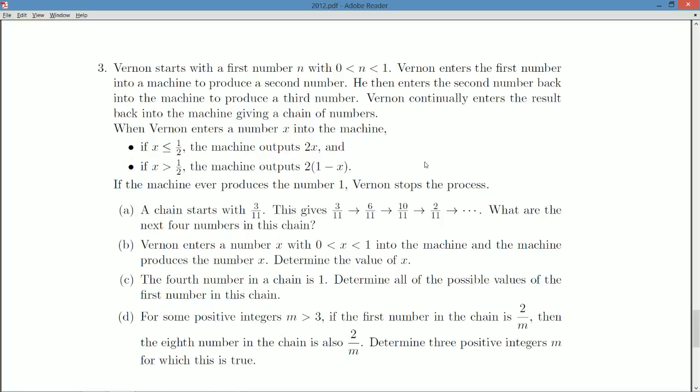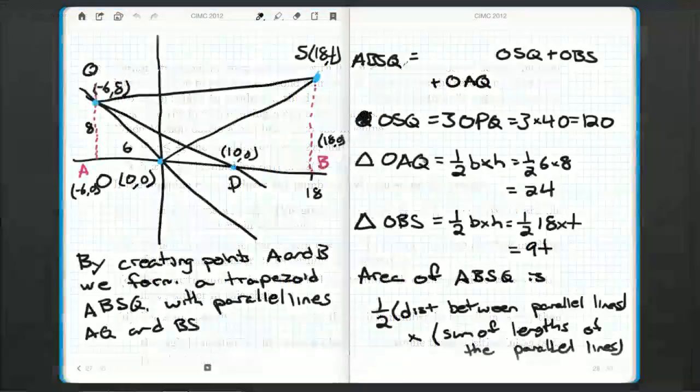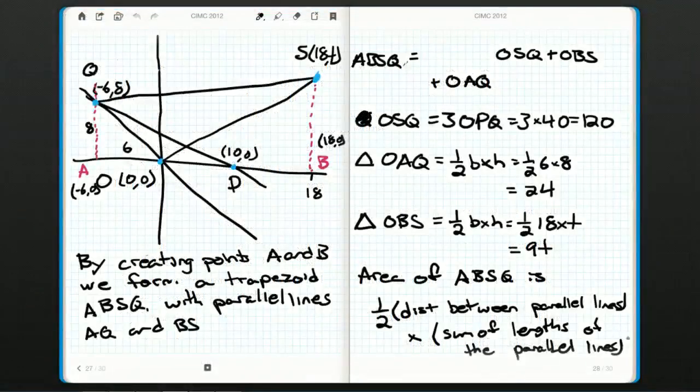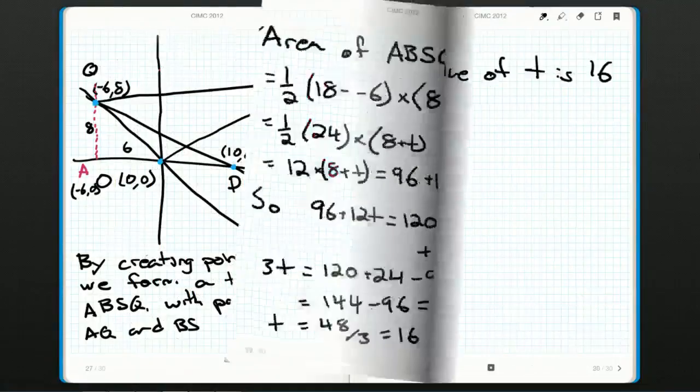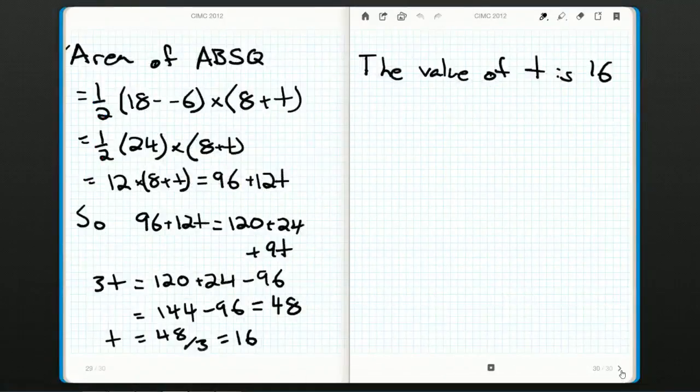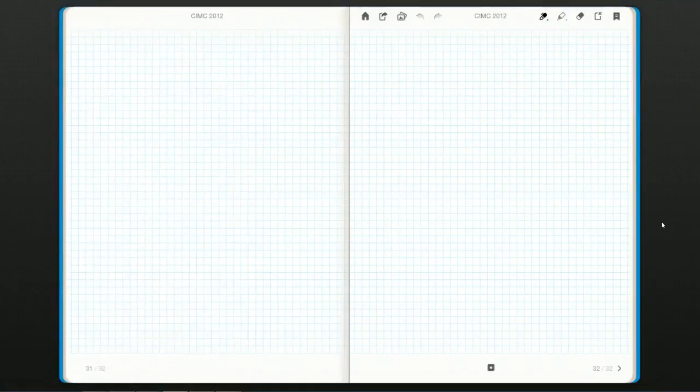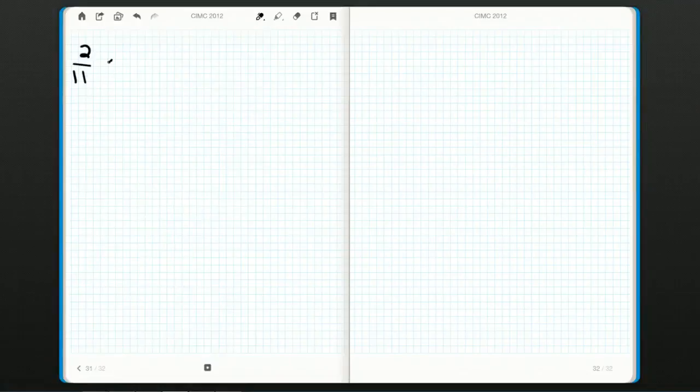All right, so let's figure things out. Starting with 2 elevenths. Now 2 elevenths is less than or equal to a half. Not rocket science.